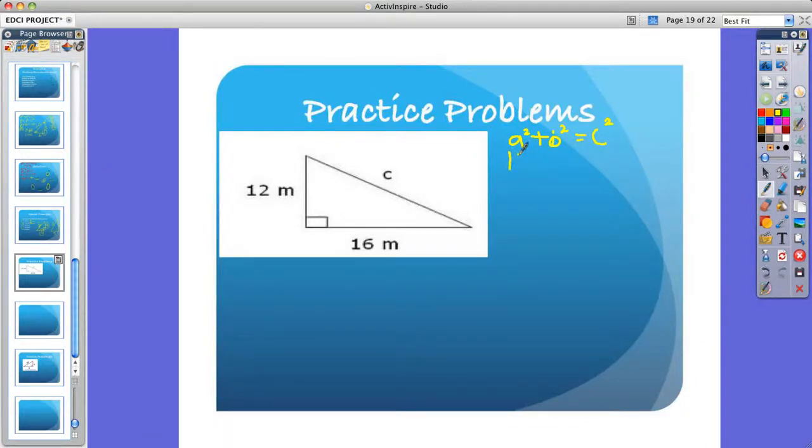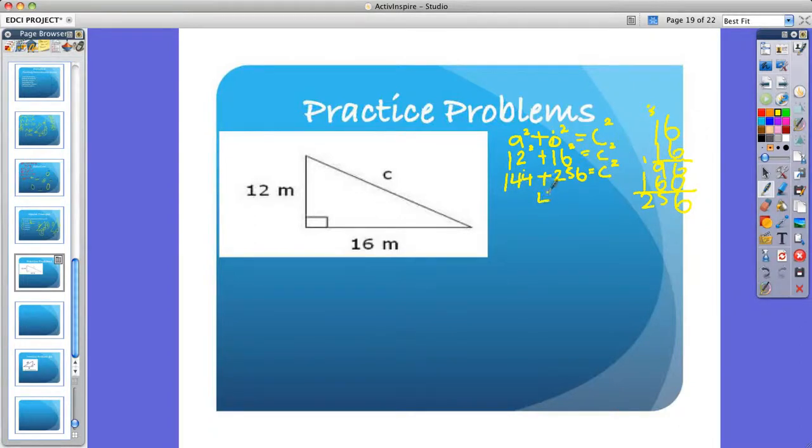So 12 squared plus 16 squared equals C squared. 12 squared is 144, and 16 squared is, oh, we'll multiply it out. 16 times 16 is 256.